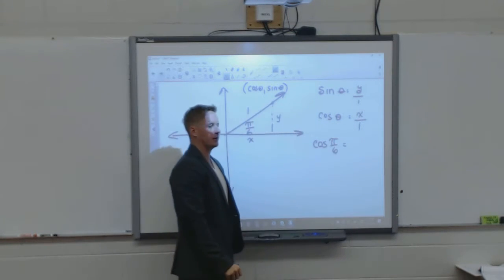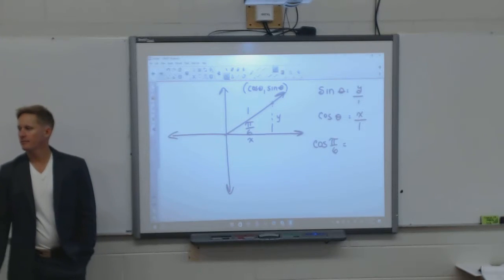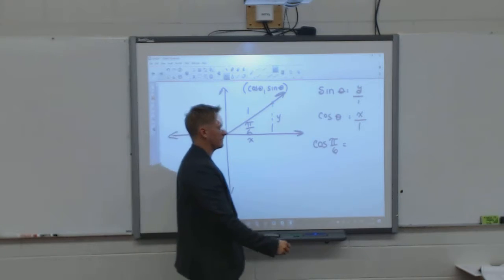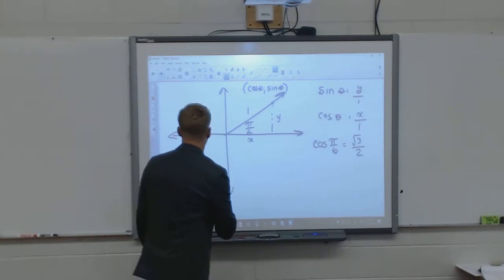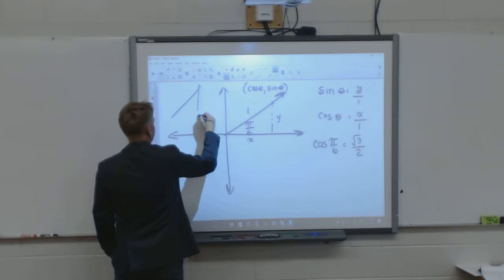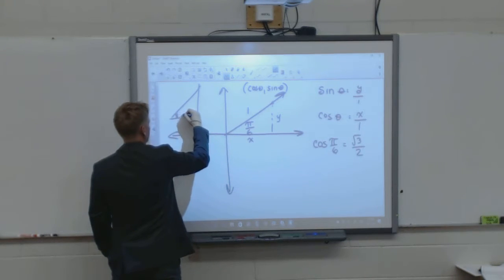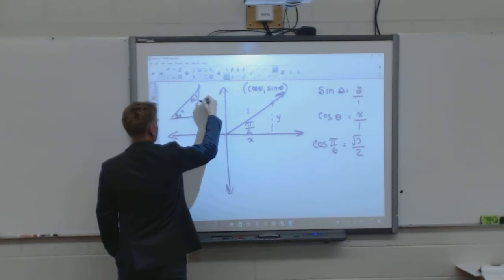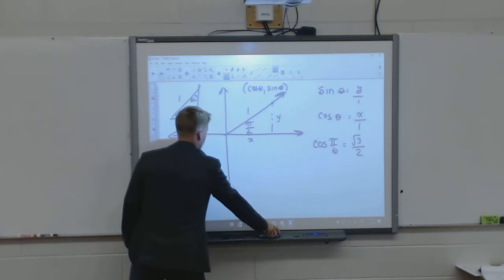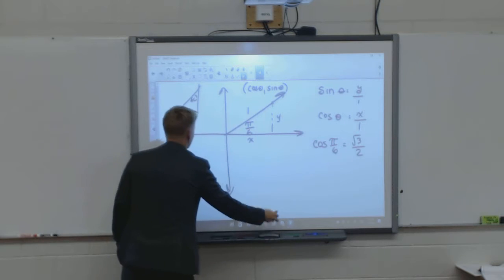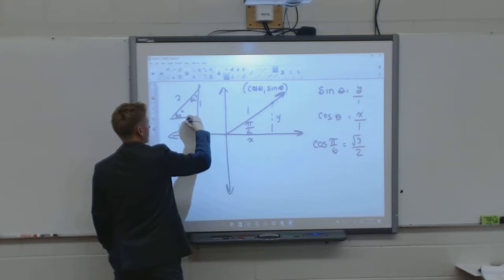So, with that in mind, what is the cos of 30 degrees? Root 3 over 2. Not sure? Then I do this. That's 1, that's 2, that's 1 over 2 and root 3.